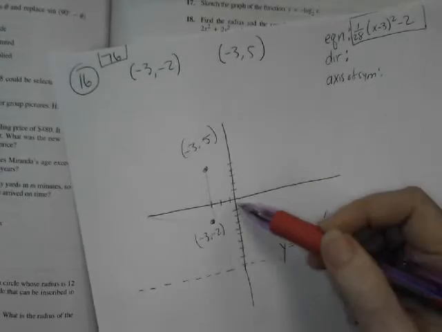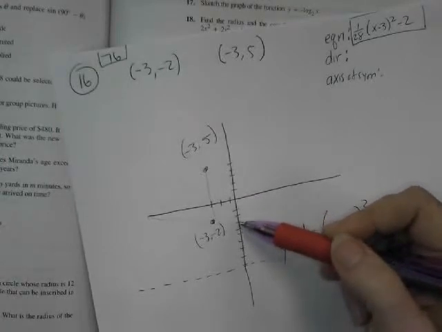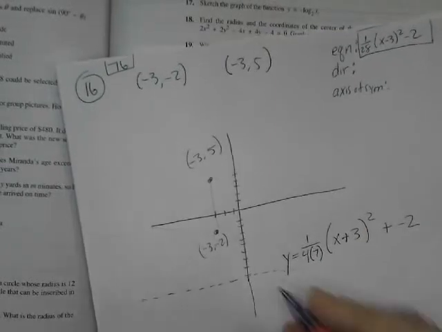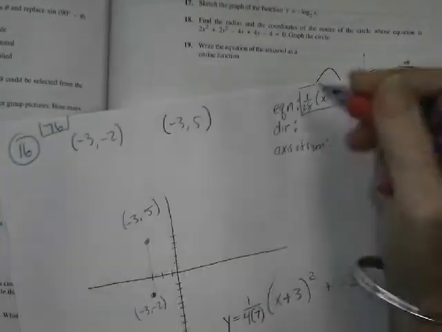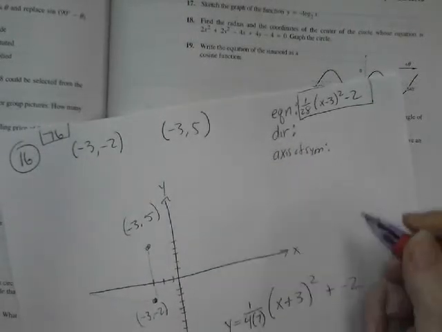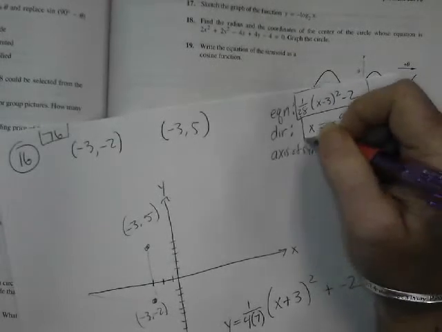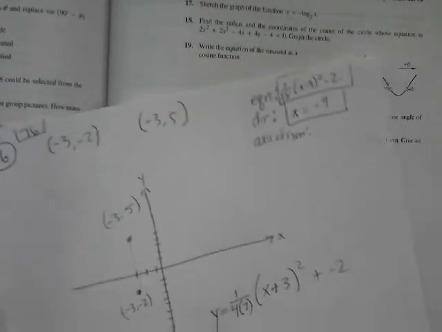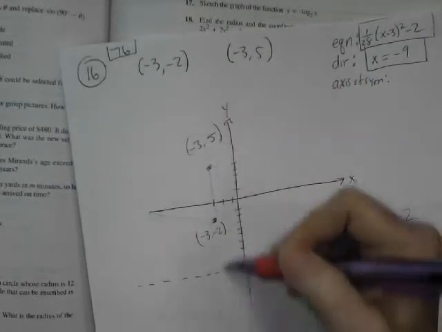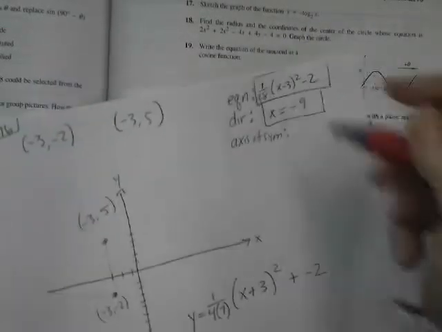If I counted down, I have 1, 2, 3, I guess I have -9. So that's -9 right there. So I'll just say the directrix is, this is y and this is x, y equals -9. And then the axis of symmetry is basically going to be a vertical axis at x equals -3.